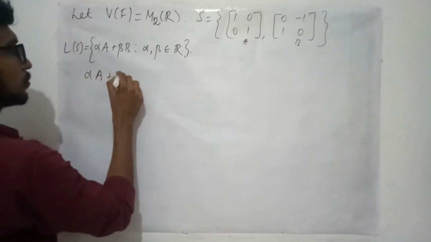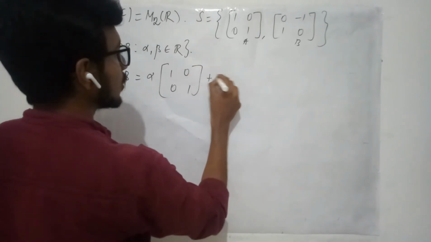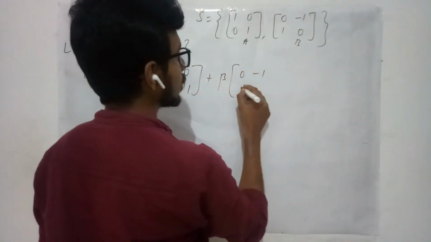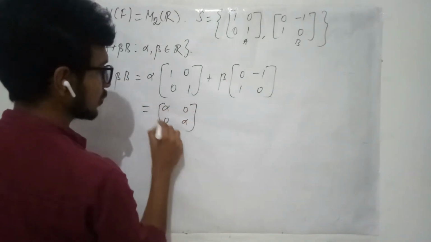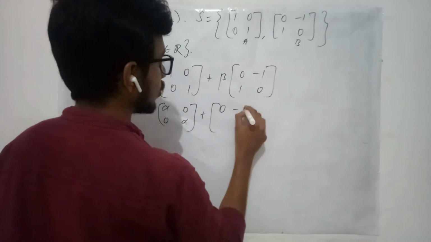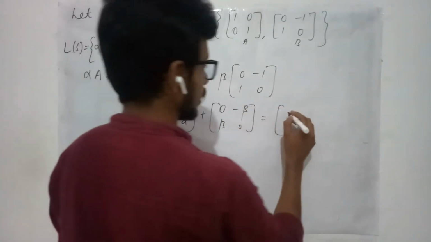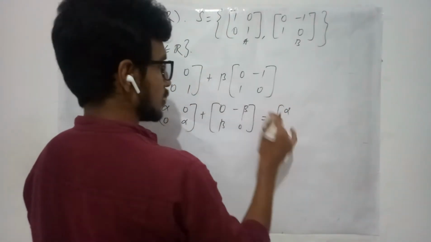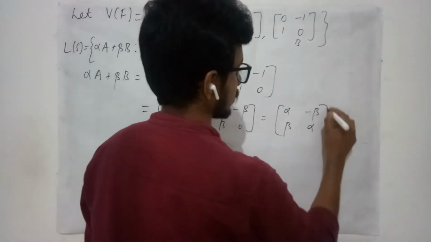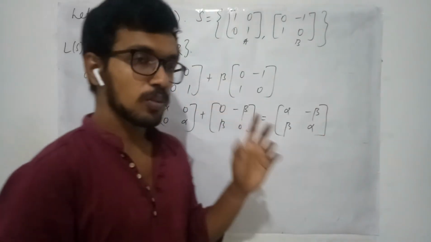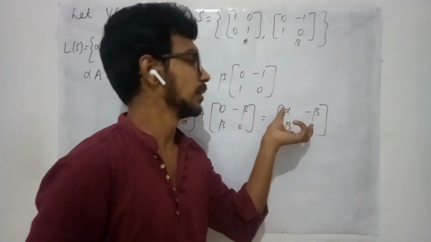What is alpha A plus beta B? It is going to be alpha times [1, 0; 0, 1] plus beta times [0, -1; 1, 0]. It is [alpha, 0; 0, alpha] plus [0, -beta; beta, 0], and when you make the sum you will get [alpha, -beta; beta, alpha]. Whatever may be the value of alpha, that is going to be present in these two entries.